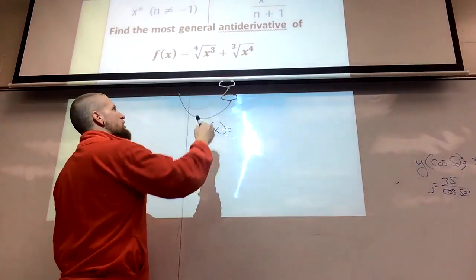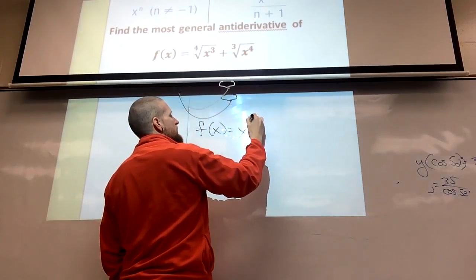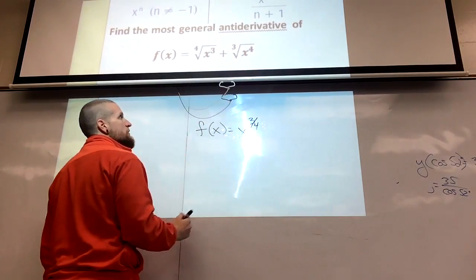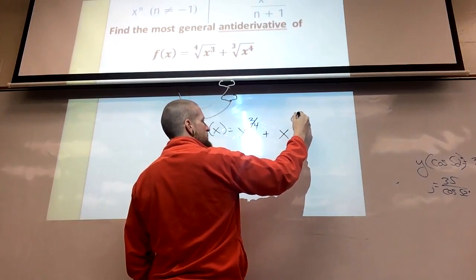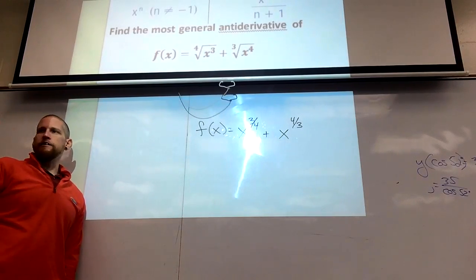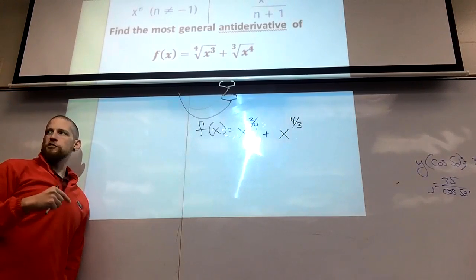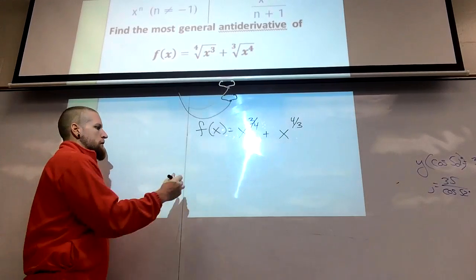So when you write the first one, like the fourth root of x cubed should become x to the 3/4. And the cube root of x to the 4 should become x to the 4/3. Because then once you got that, you just apply the rule that we did on the first one, where now you got an x raised to a specific power.